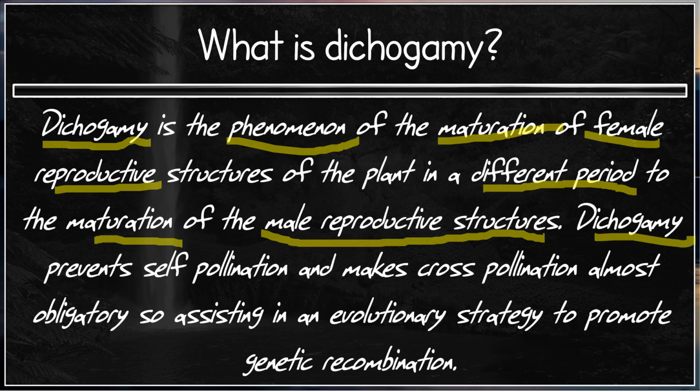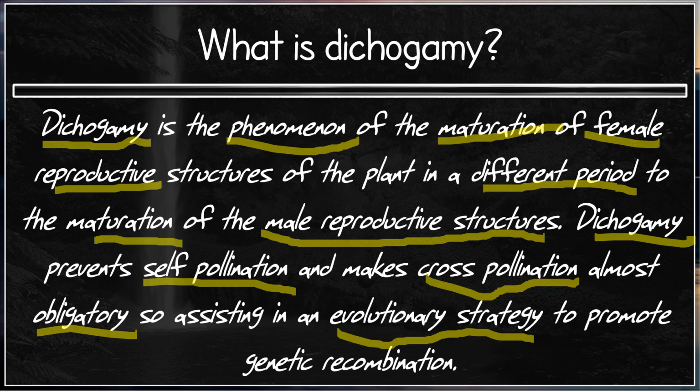Dichogamy prevents self-pollination and makes cross-pollination almost obligatory, thus assisting in an evolutionary strategy to promote genetic recombination.